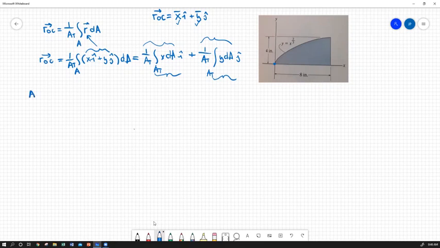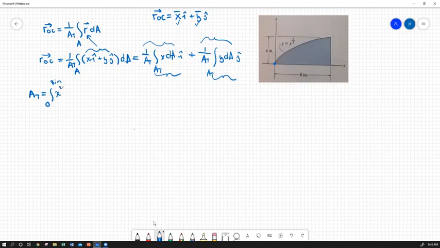So I can do some calculus and I can integrate from this point to 8 inches under this curve with respect to x.